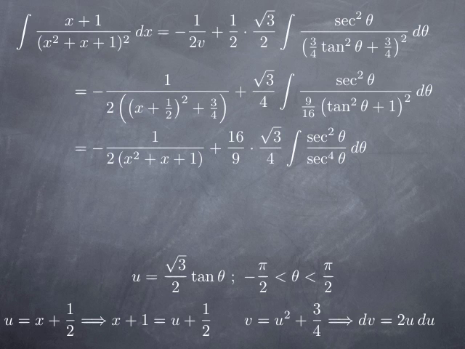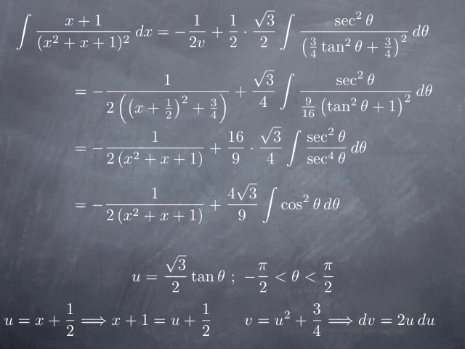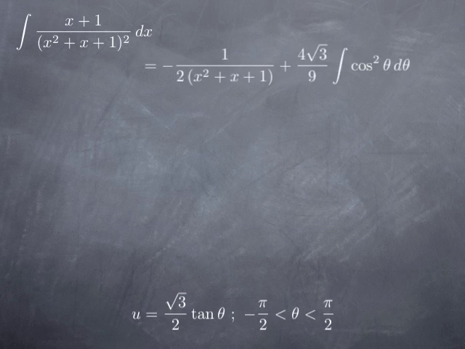So that cancels out as 1/secant square theta, but since secant is 1/cosine, what we have is really just cosine squared. So this is what we obtain after cancelling this 16/4 as just 4. So we have now an explicit part of the function plus a constant times the integral of cosine square theta, and we know how to integrate that.